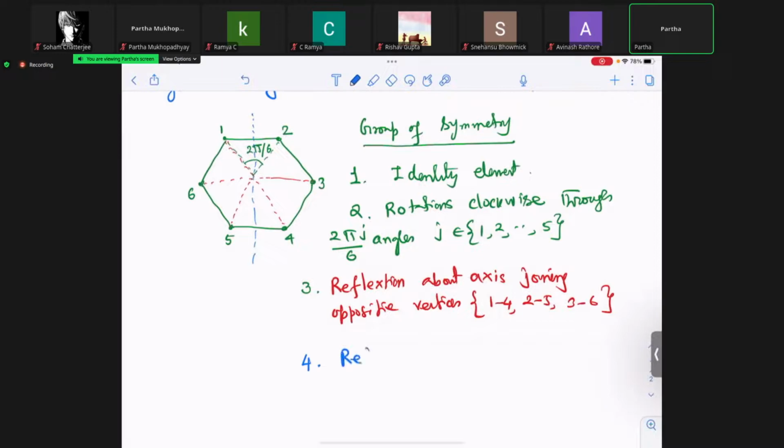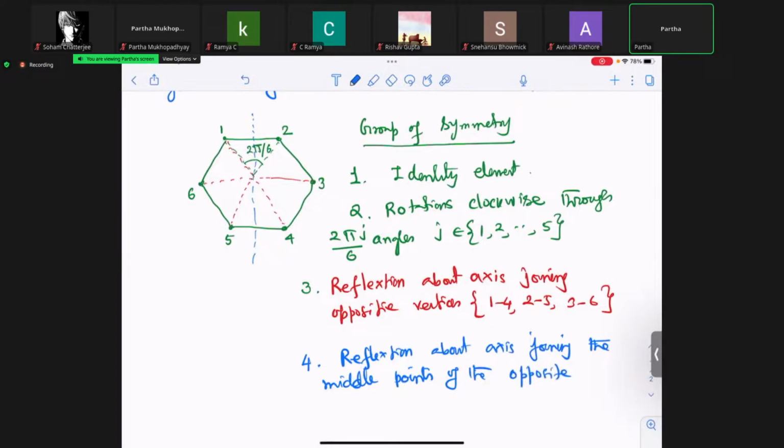So reflection about an axis joining the middle points of opposite edges. There are three of them.